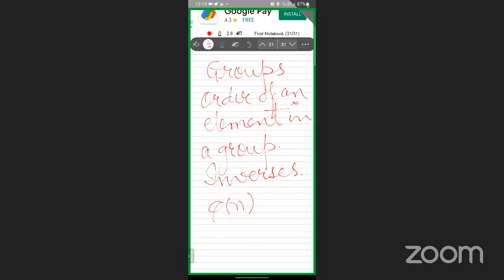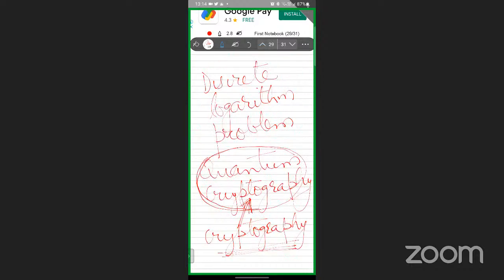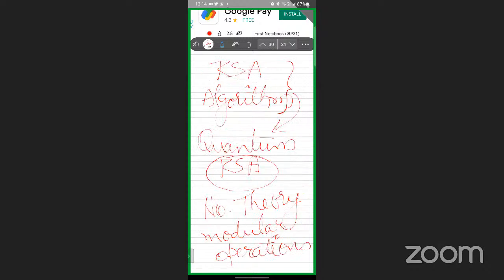So basically, let me summarize again. To do any quantum concept, you should basically know the classical concept. I have two examples.